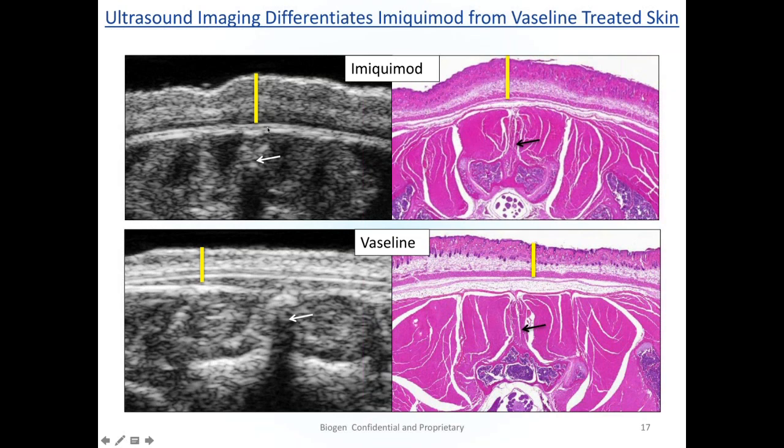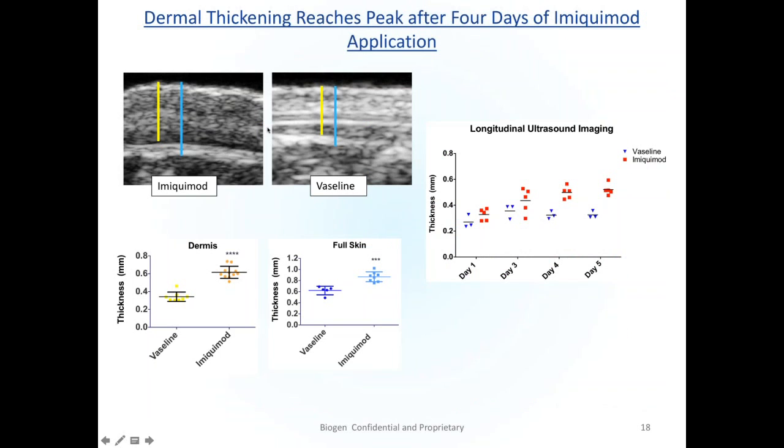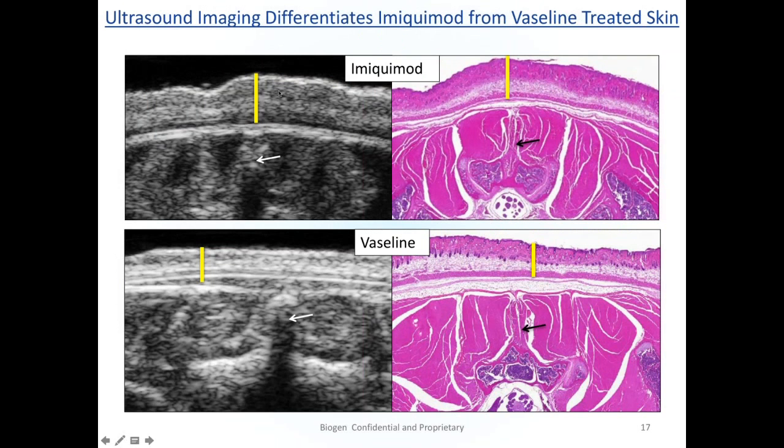So we did a lot of side-by-side analysis, caliper measurements of ultrasound images next to equivalently scaled histology images. We know what we're measuring with the ultrasound, and that's what we're reporting.